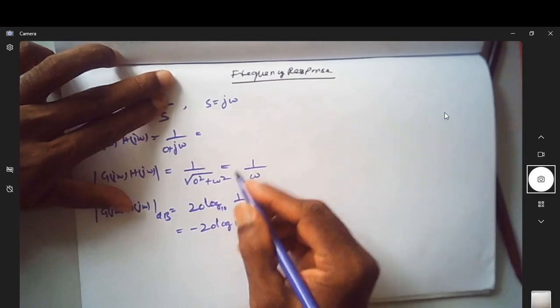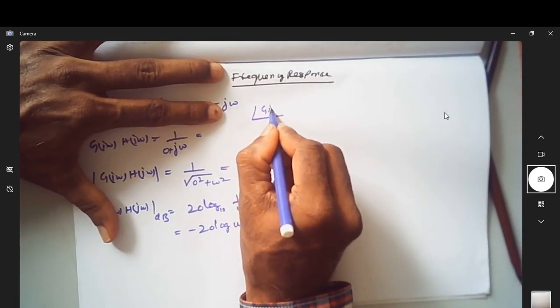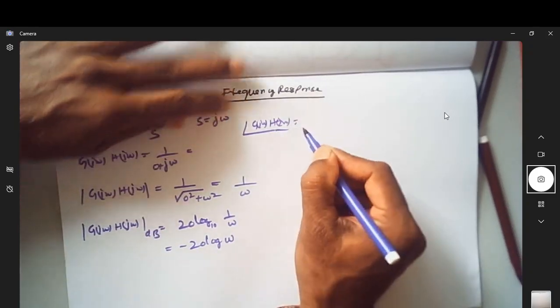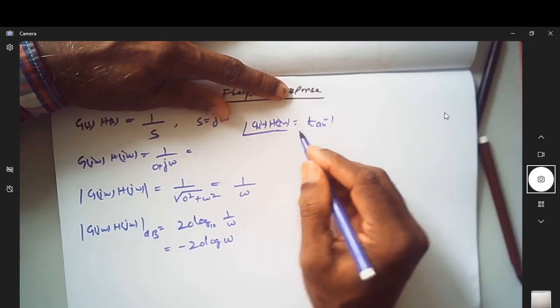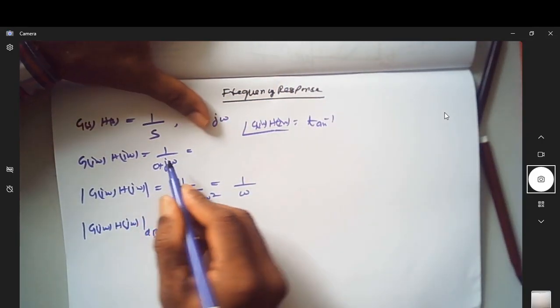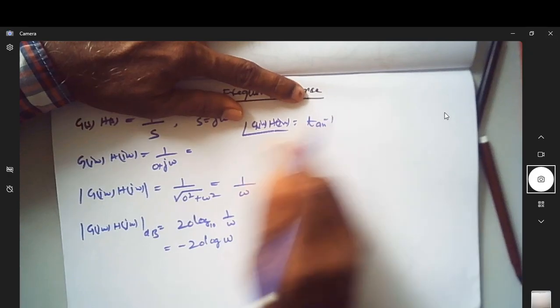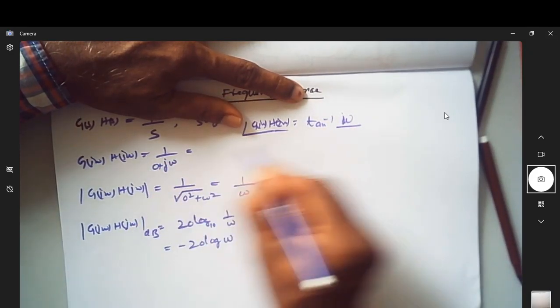So how about the phase? The phase angle of G(j omega) H(j omega) is of course tan inverse of 0 plus j omega. The imaginary coefficient is omega, the real value is 0.